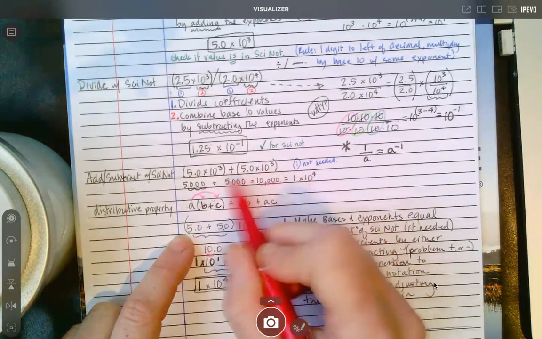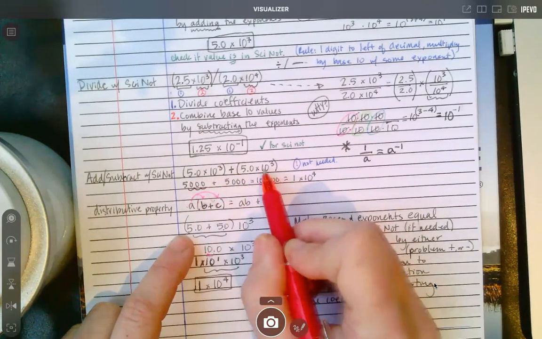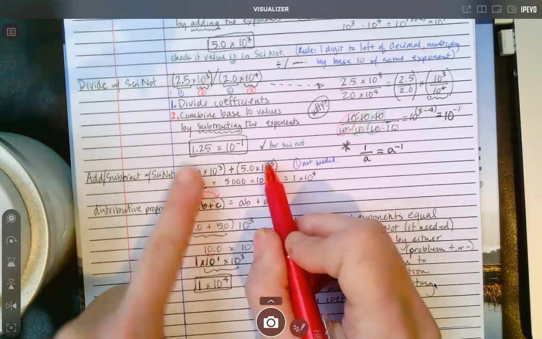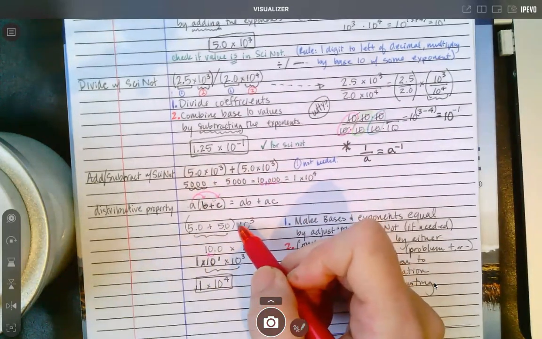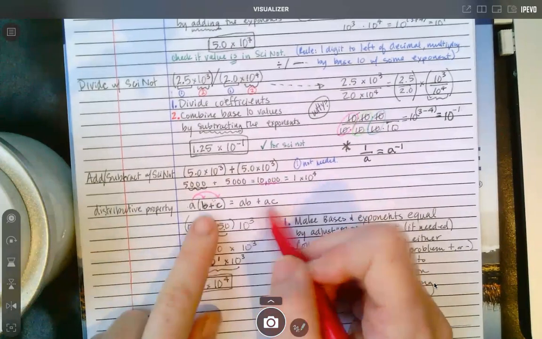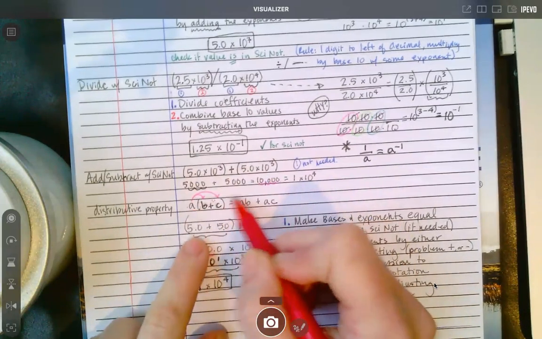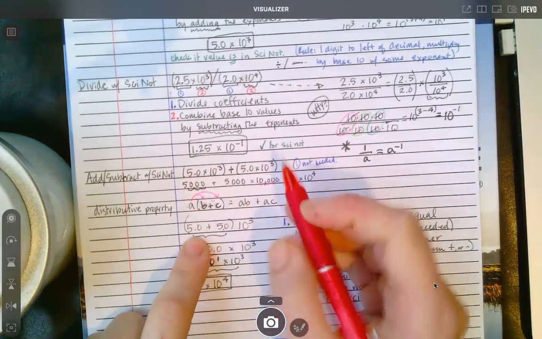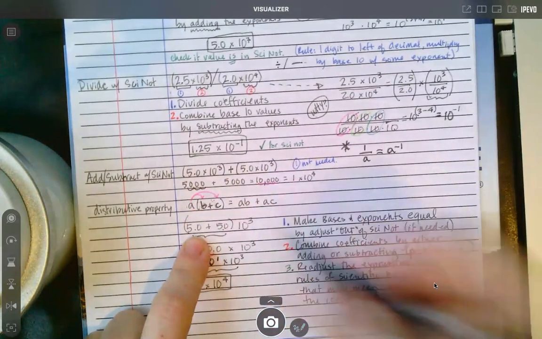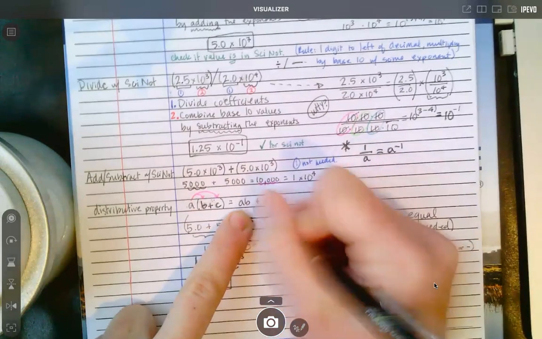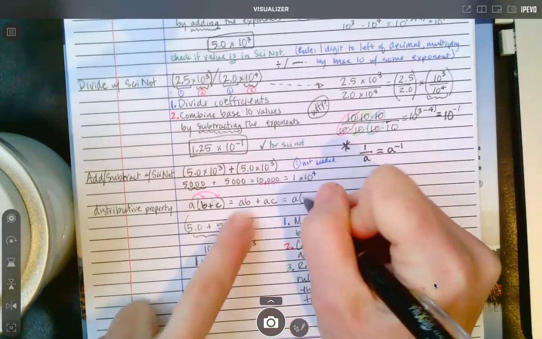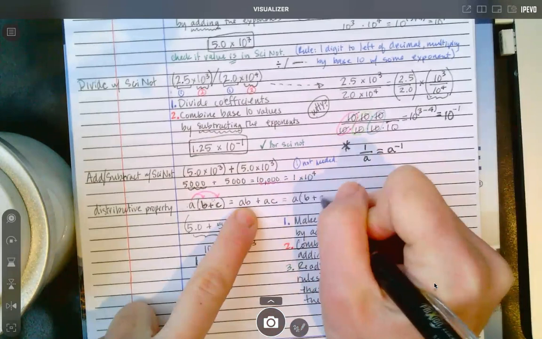You see it's multiplied by this coefficient, multiplied by this coefficient. If I have A here and A here, I can factor it out, and factoring it out just makes it go back to looking like this. Okay?